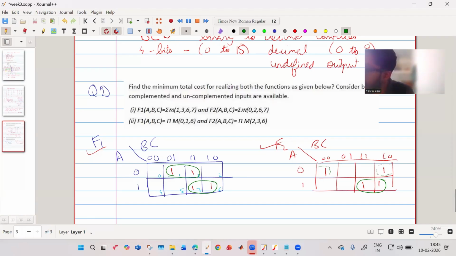This one which I did in dotted, why can I do that? It doesn't seem to be next to each other, but they are logically adjacent. Why they are logically adjacent is because over here it is B and C bar, over here it is B bar and C bar. Only one bit is changing. That is why they are adjacent.